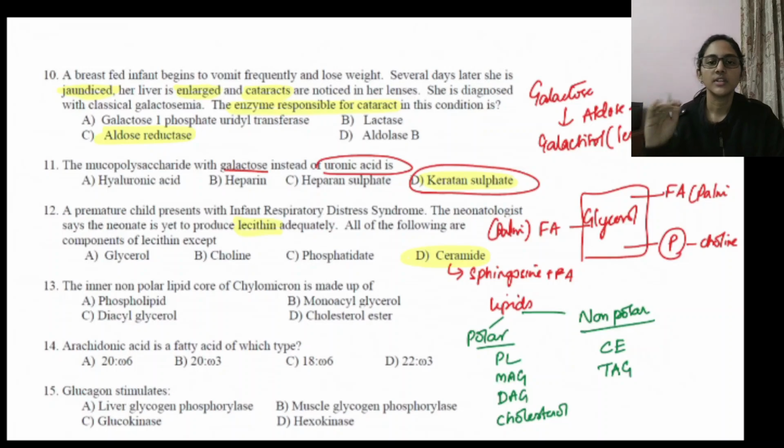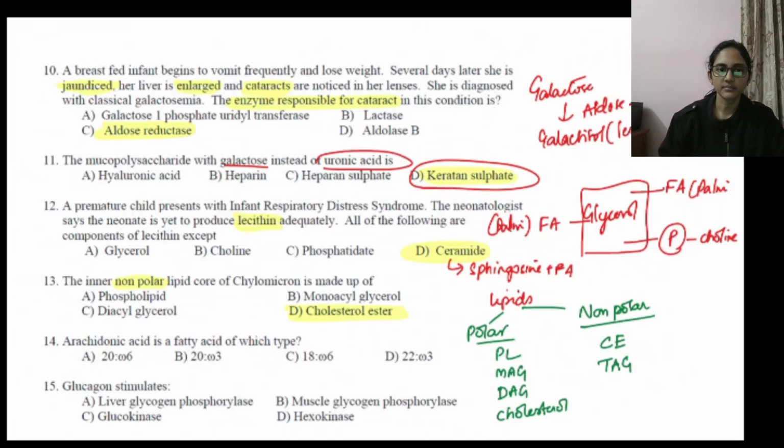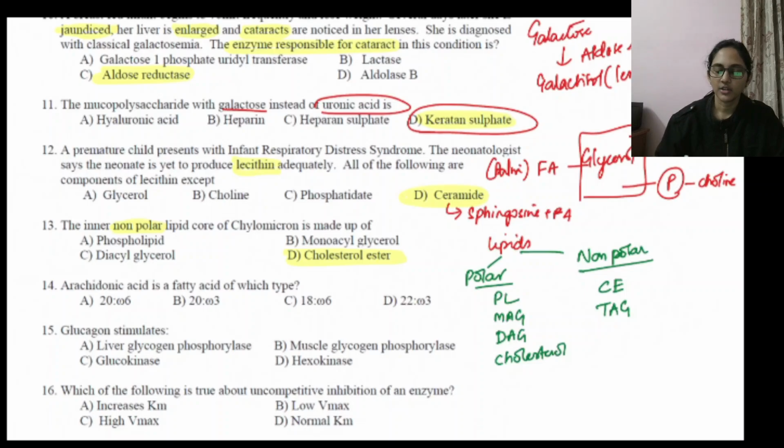So in that case, you will not have any OH group left free. So triacyl glycerol is also a non-polar lipid. So now tell me what is the answer for this question. It is going to be cholesterol ester, which is the non-polar lipid core. Understood all of you? Arachidonic acid, it's a straight one-liner. It's a fatty acid of which type?